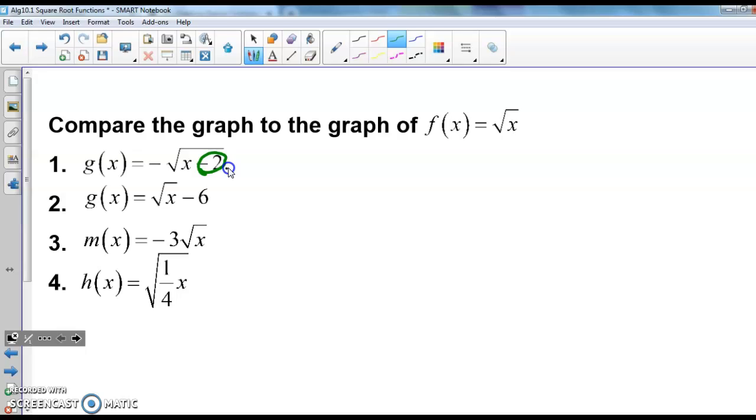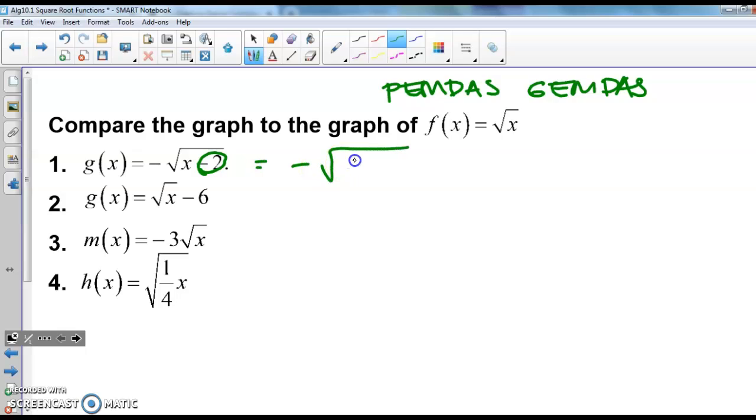Because when you're doing order of operations, you follow PEMDAS, or GEMDAS. In other words, you look at what's inside the parentheses or what's inside the radical sign. This is pretty much the negative of the square root of x minus 2. There's a grouping symbol inside, so I'm going to interpret first what's inside, to be consistent with the order of operations.